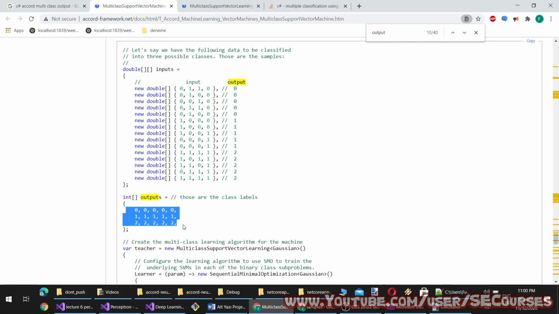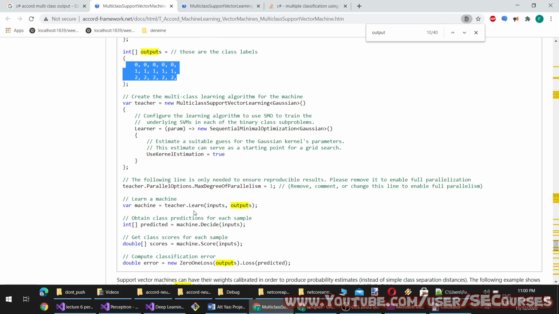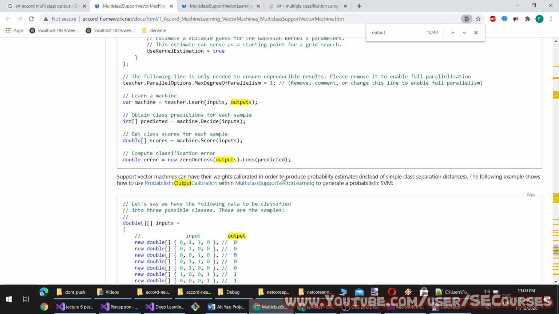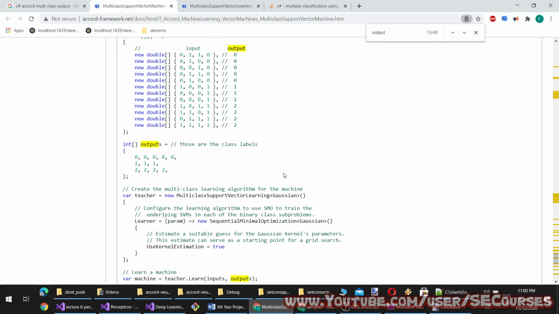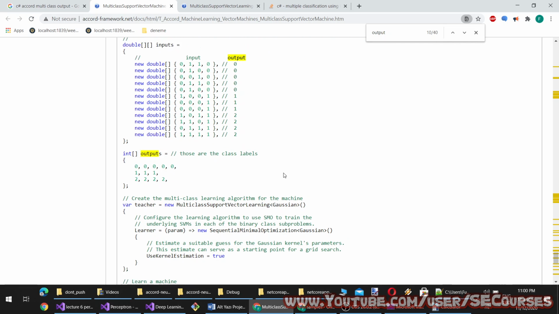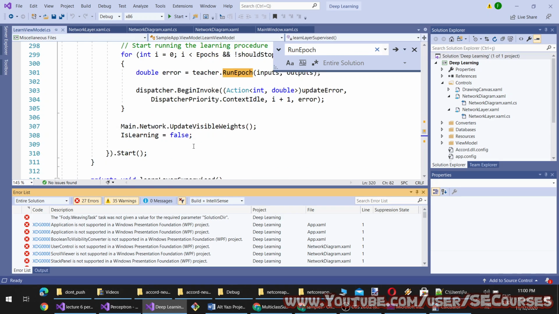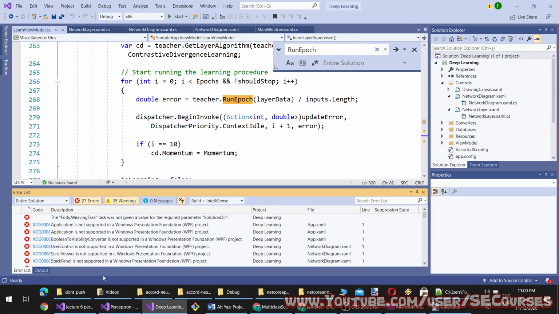So each output has a single class. Okay.